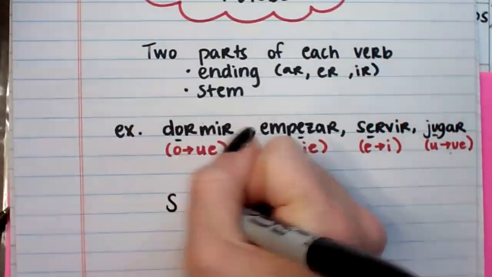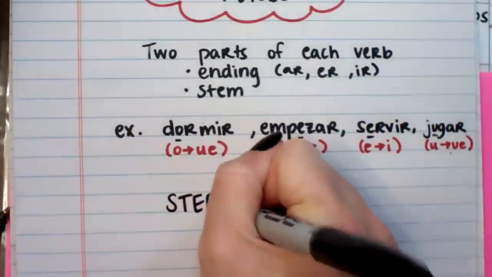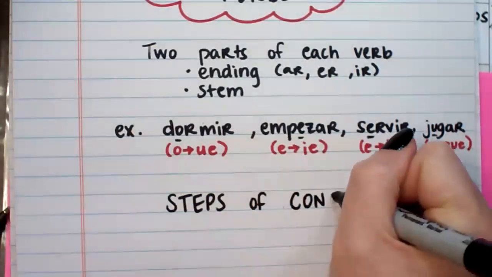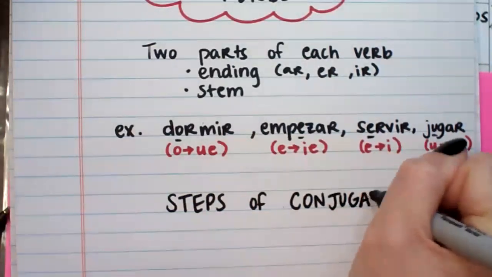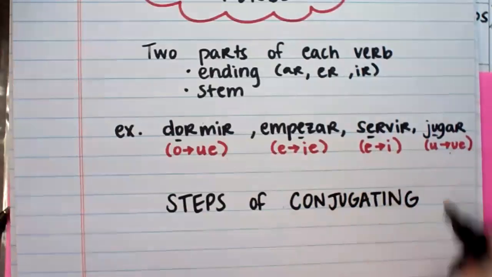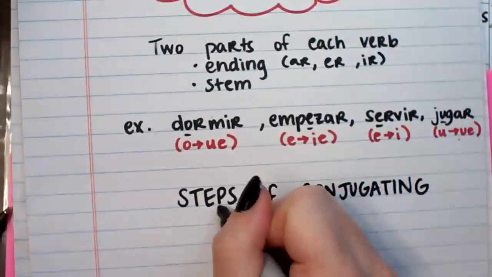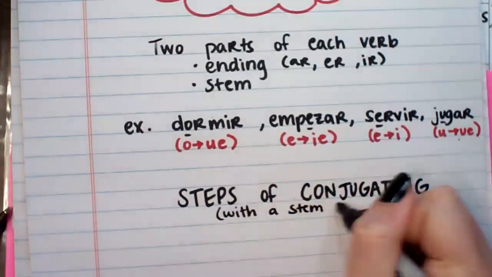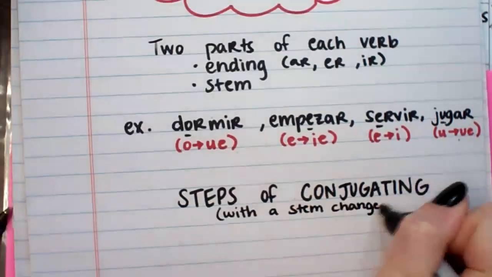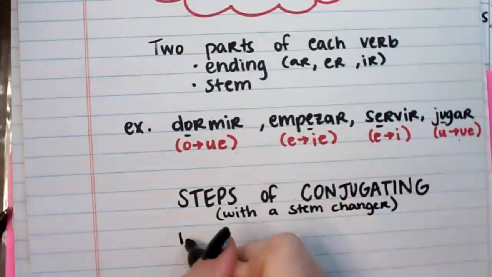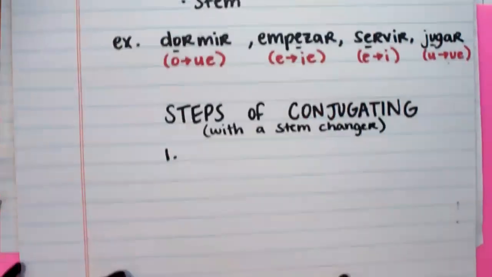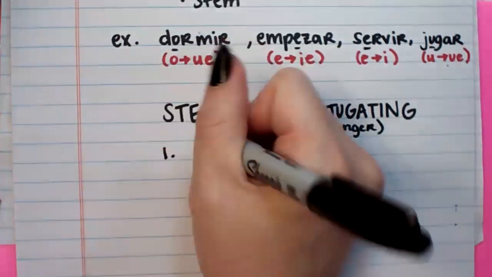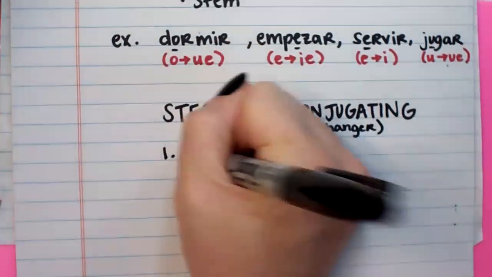So here are the steps of conjugating stem changing verbs. So step one is going to be identifying the subject.